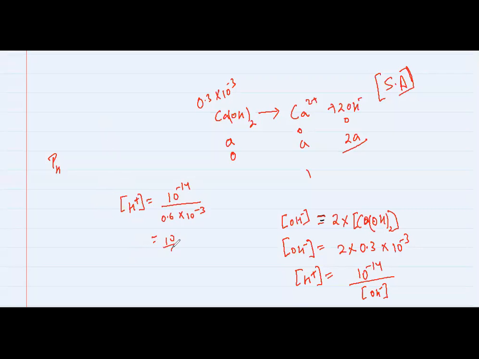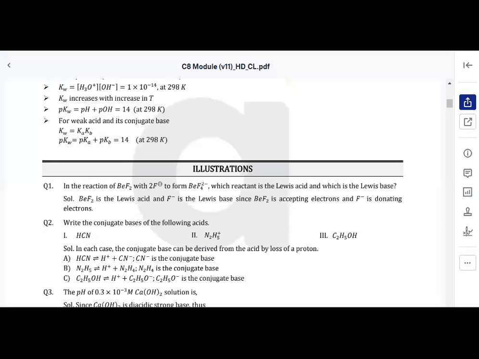Which is 10 by 6 into 10 to the power minus 11, so this is 5 by 3 into 10 power minus 11. This is the concentration of H plus. Then you can find pH.